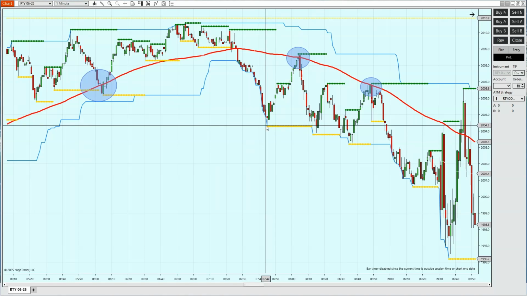Okay, so that's one of the main things that differentiates it from a crossover retest.